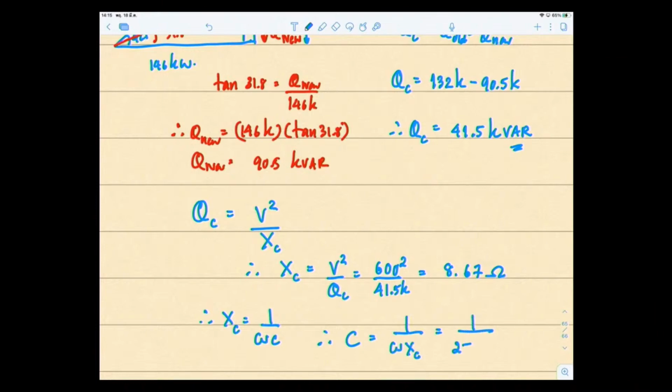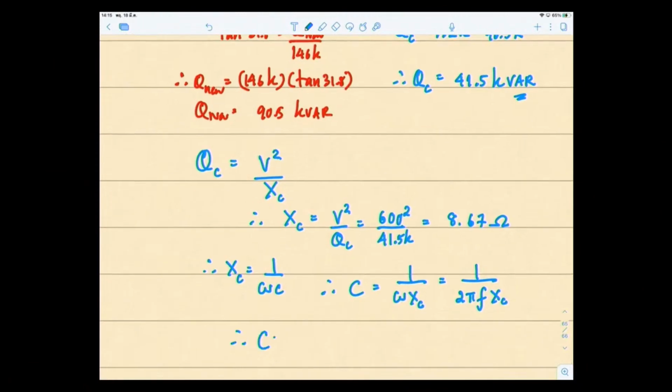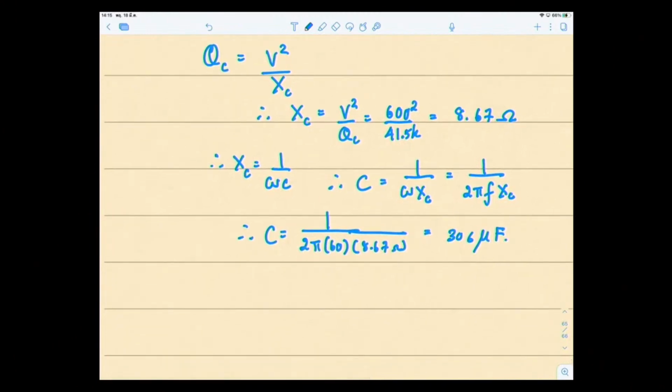Omega is equal to 2 pi F. So for this problem, your capacitance value is 1 over 2 pi times 60 hertz times 8.67 ohms, and the answer is 306 microfarad. So to correct the power factor, you insert a capacitor, in this case 306 microfarad.